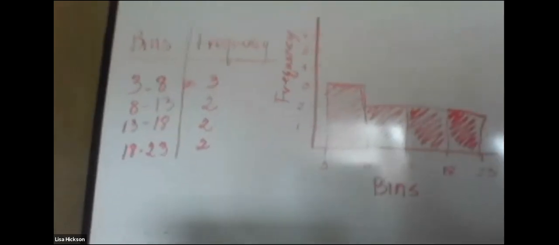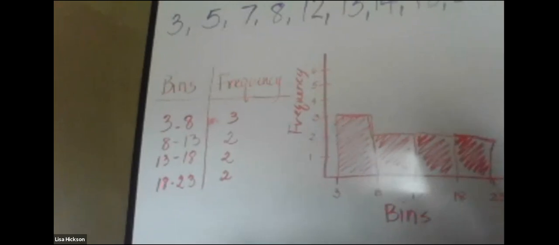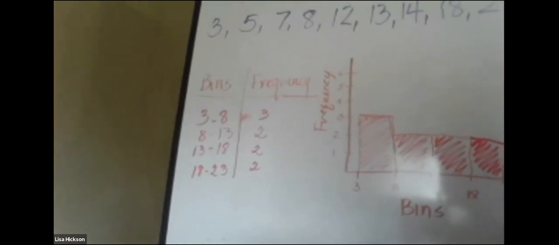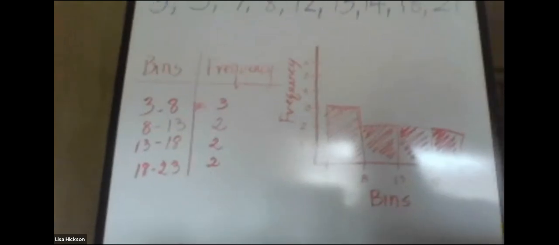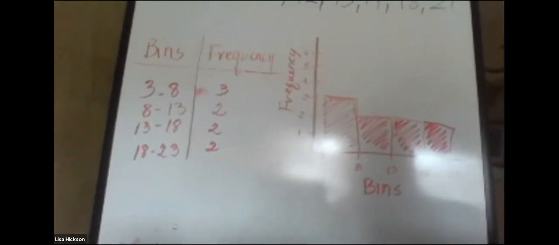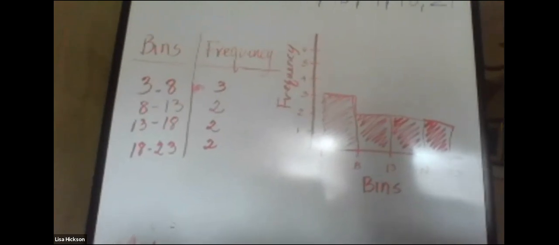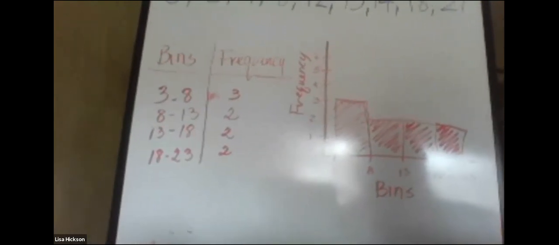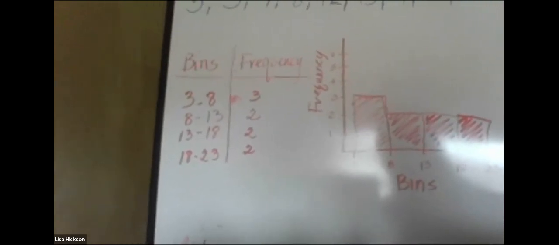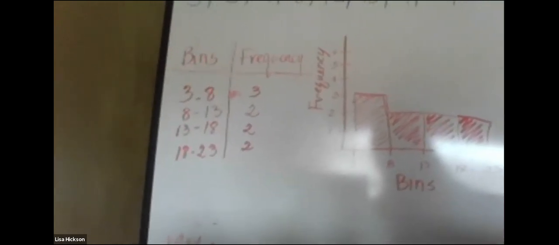So the graph should have one high bar up to 3, and then the other 3 should be even. Yes? So if that is not what your graph looked like, jot that down.